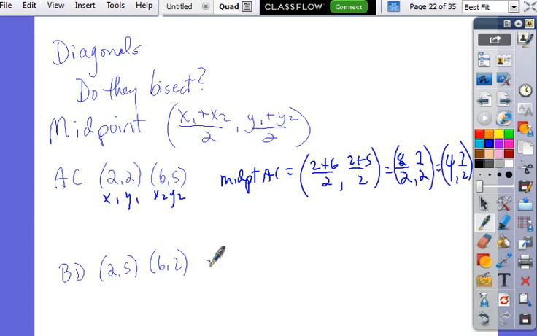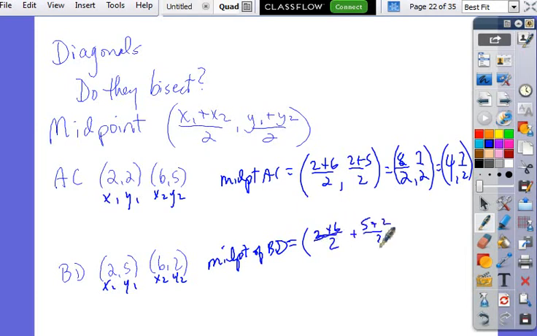So the midpoint of BD, again, x1 and y1, x2 and y2, (2 plus 6) over 2, and then (5 plus 2) over 2, 8 over 2, 7 over 2. So when I see the same thing, what is that telling me? That it's a parallelogram. Well, we already knew it was a parallelogram. This is just reinforcing that.